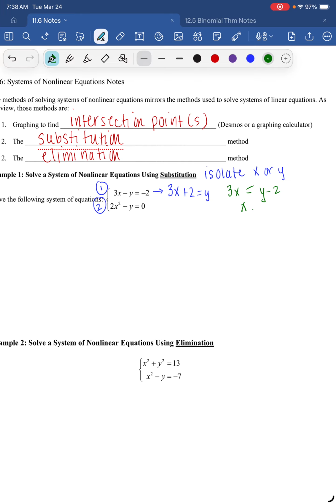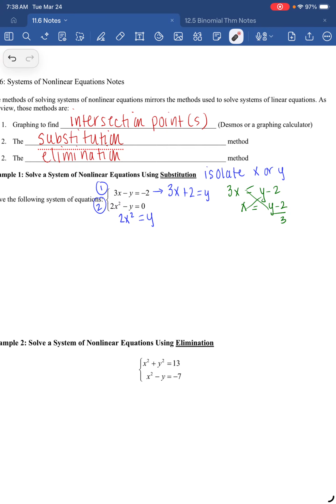That's kind of gross because it involves fractions, so I am not going to do this second option. Or I could use the second equation, and I could isolate y, and say that y is equal to 2x squared.